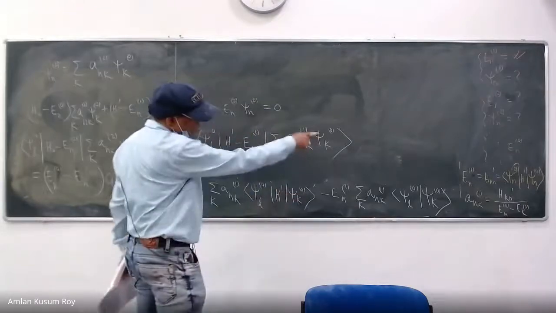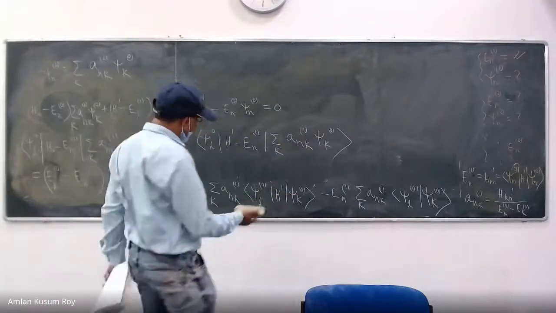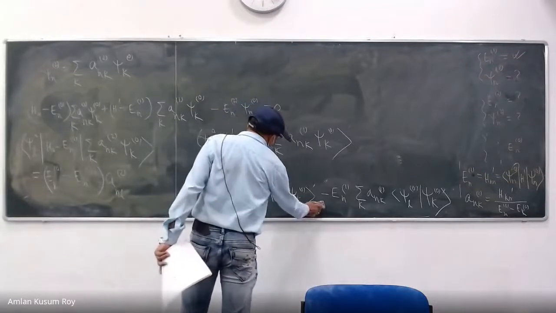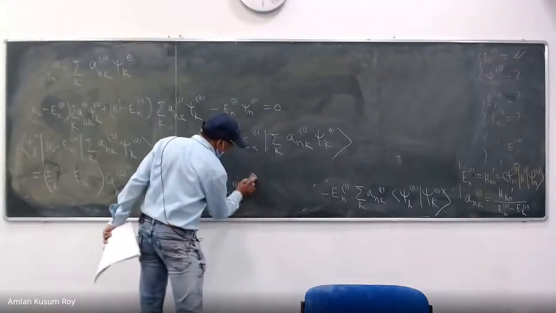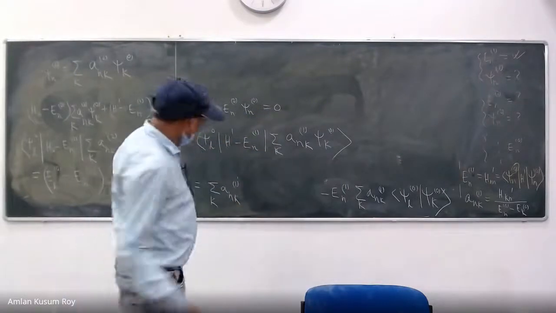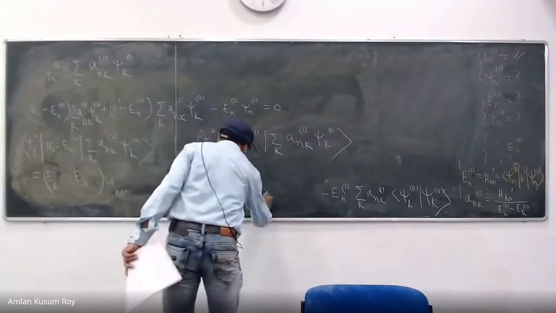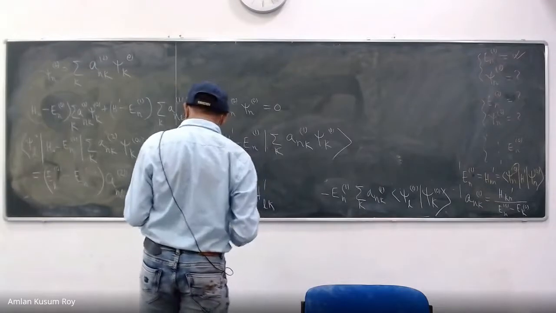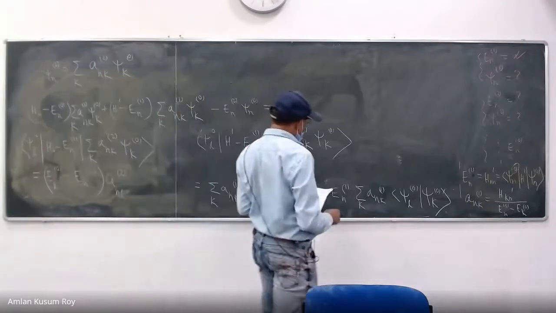We have put a notation for the first correction. So this becomes H'_LK. I can just write H'_LK minus E_N^1.